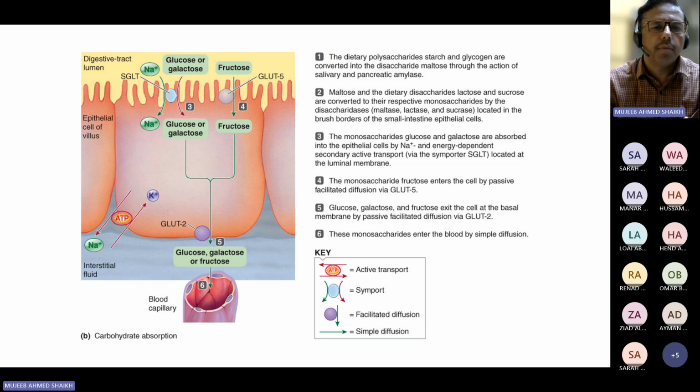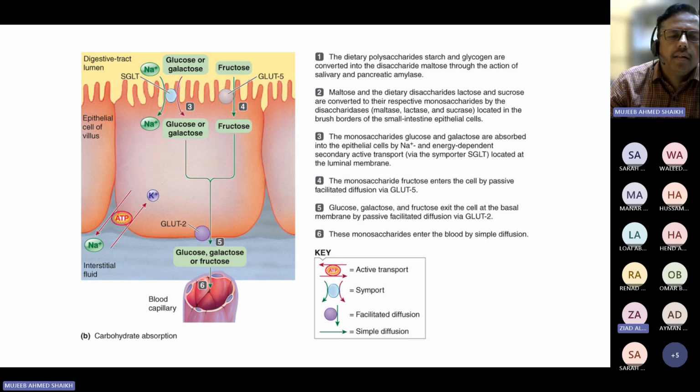Because the sodium potassium pump is all the time throwing 3 sodium out in replacement for 2 potassium. So 3 sodium ions are going out and 2 potassium are coming in. That's why sodium is low inside the cell. If there is low sodium, sodium will easily move from outside to inside through the channel. This is the reason.